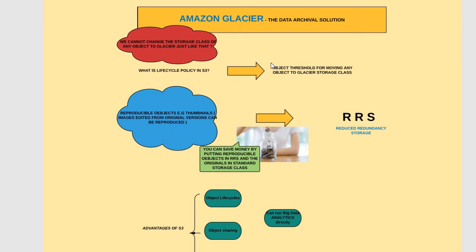Because even if I'm not able to, let's say, get the thumbnails from reduced redundancy storage, I would be able to reproduce them from the original images that are stored in standard storage class. So this is where we can make use of reduced redundancy storage.